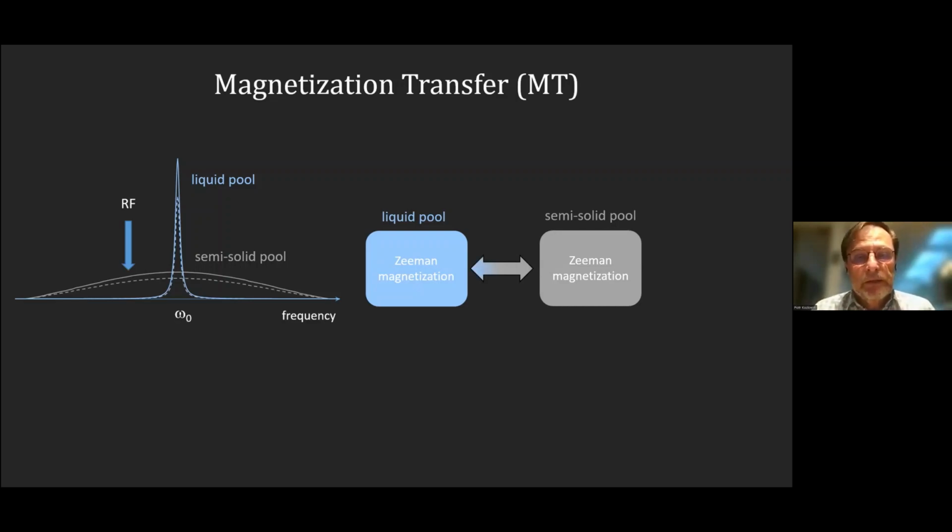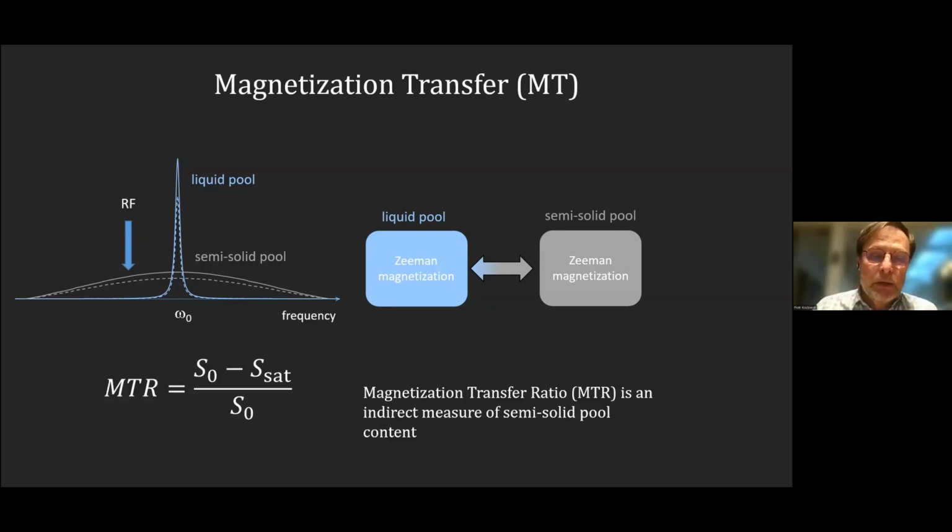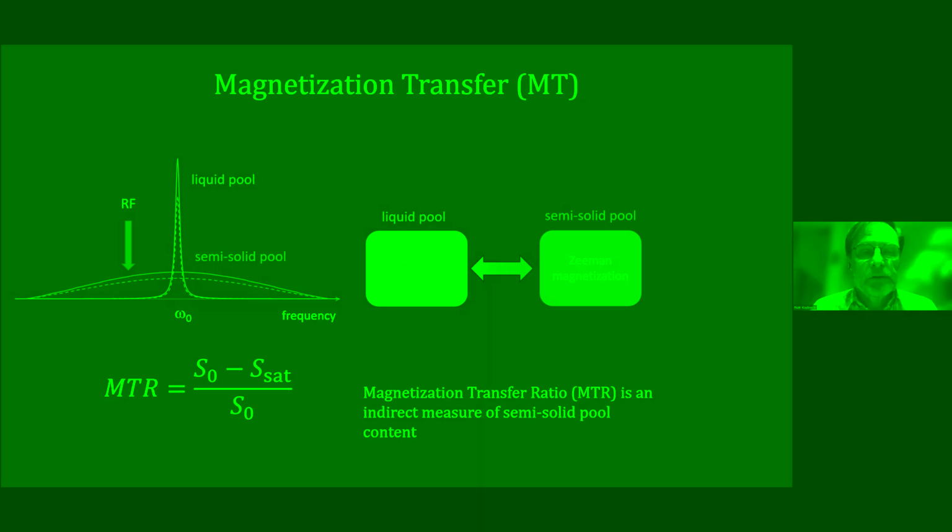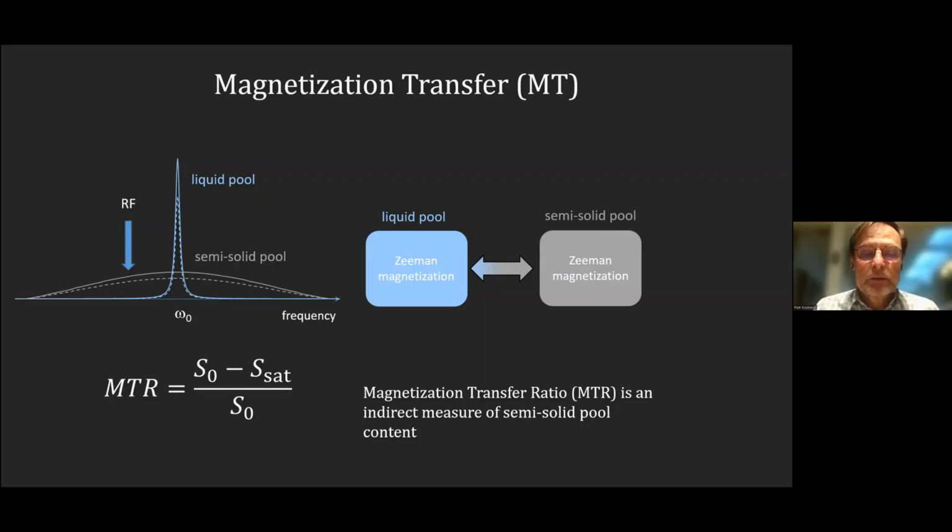So with magnetization transfer, we apply a saturation pulse at a certain frequency offset from the water, and because of the magnetization exchange between the semi-solid pool and the liquid pool, the liquid pool is affected and the signal is lower, and we can calculate the magnetization transfer ratio, which shows us how much the liquid pool was affected. And it's been used for assessing the myelin in many studies, although MTR is not a very specific measure of myelin.